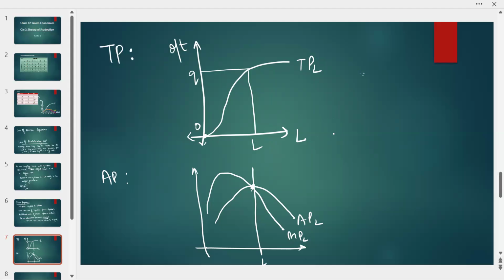Average product and MP intersect at one point, and then the AP starts falling, right? APL has a maximum at L units of labor.